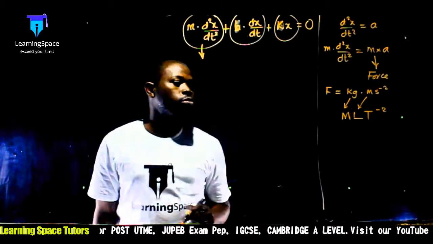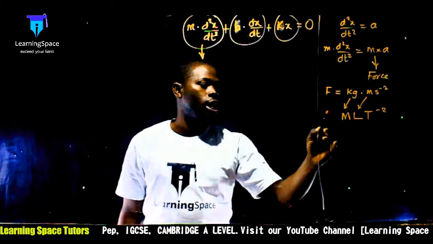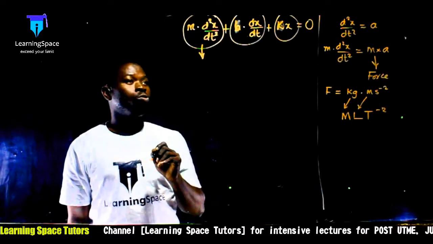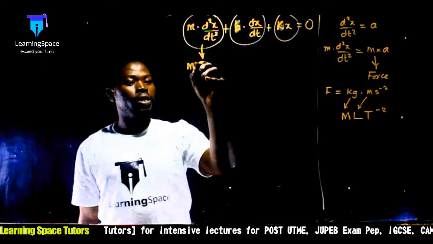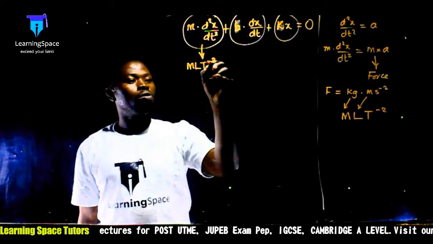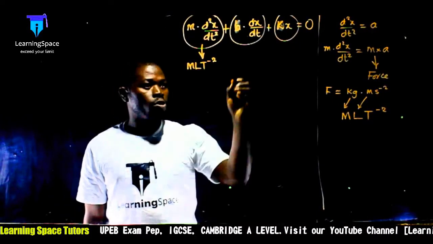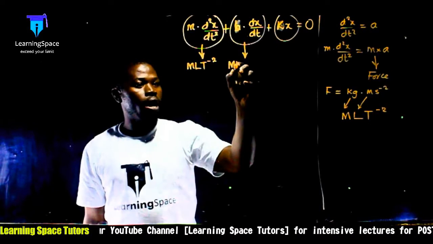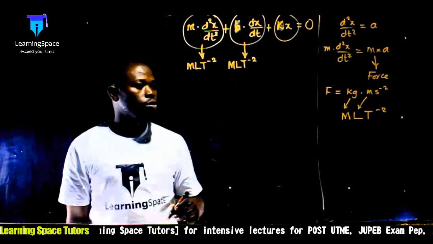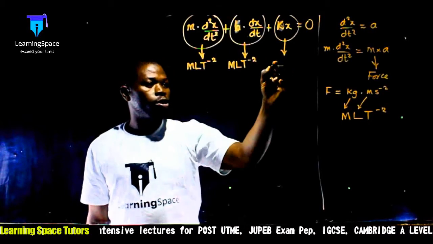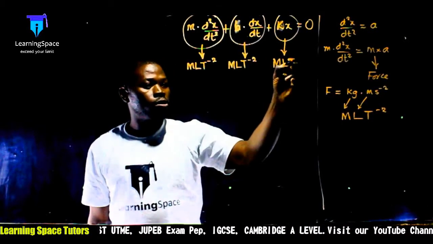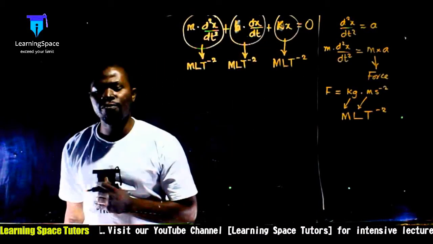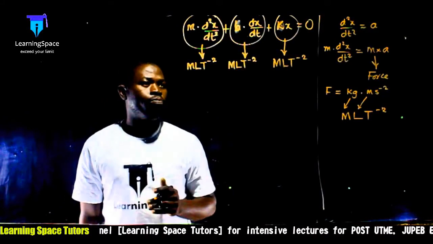So the dimension for force is MLT⁻². If the equation is dimensionally correct, the other components must also have the dimension MLT⁻².